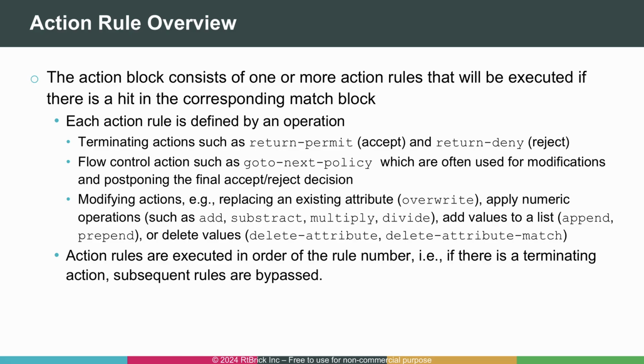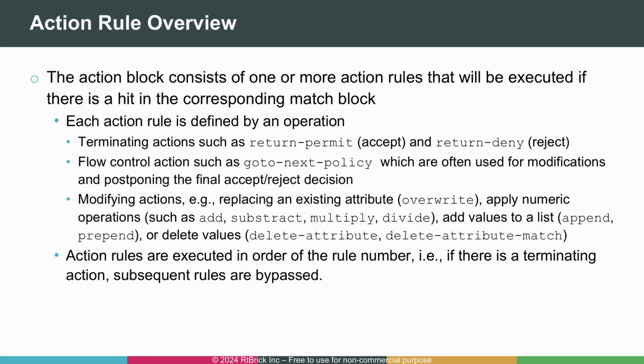In this case, we can omit configuring an explicit action and rely on the default behavior, which is to proceed to the next ordinal. Alternatively, we can use goToNext policy to jump to the beginning of the next policy in a policy chain. Note that the action goToNext ordinal is the default, and the command has been deprecated as of version 25.4.1. Third, attribute modification operations. These operations change the values of attributes.